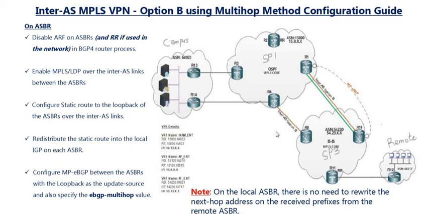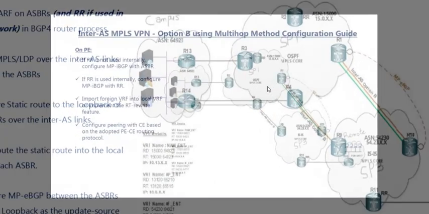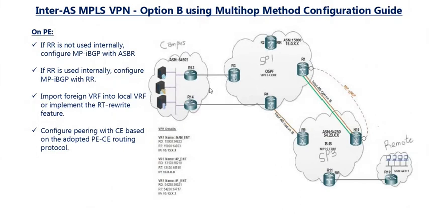And so once you have all these configurations established on the ASBR, then you can focus on the injection of the remotely learned route into the local VRF, and this is done on the PE. Now note, if the route reflector is not used internally, then you have to configure the MP-BGP between the PE and the ASBR directly.